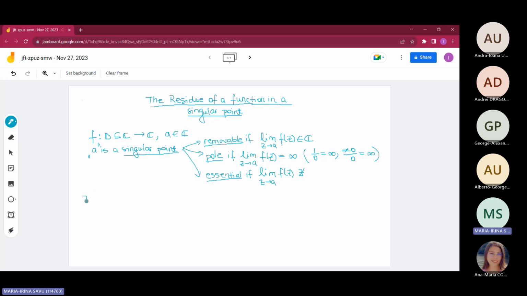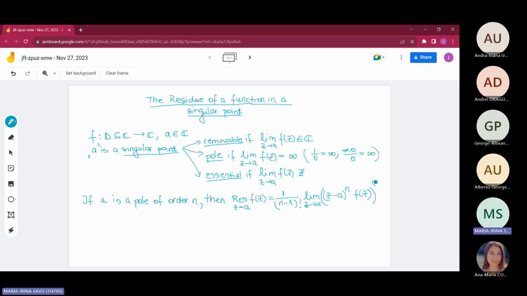And I have told you that if A is a pole of order n of f, the residue of the function f in the point z equals A will be computed using the following formula: 1 over n minus 1 factorial times the limit when z goes to A from the derivative of order n minus 1 of z minus A at power n times f of z.